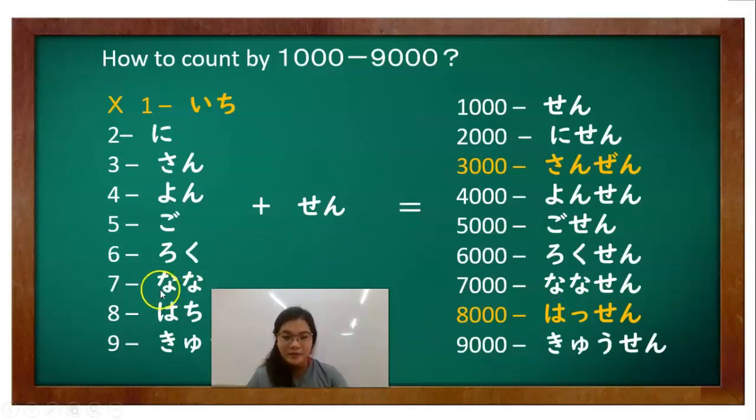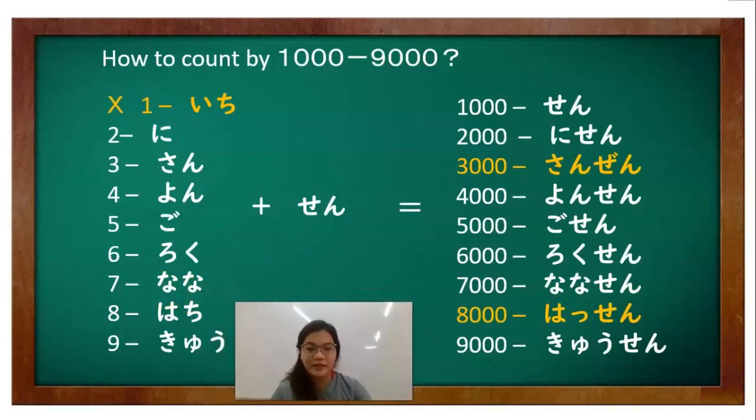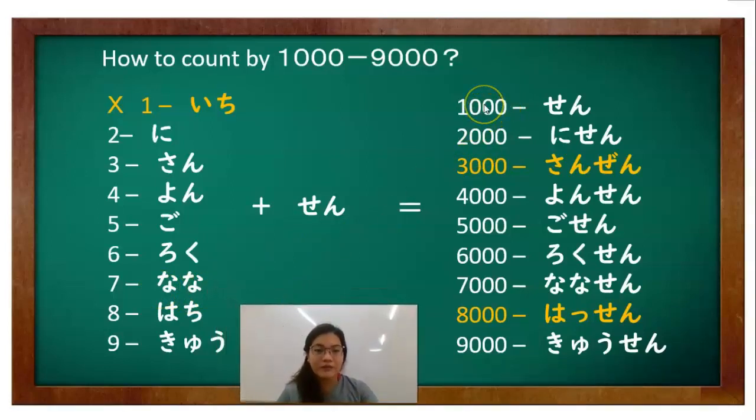Okay, so again, let's review it from 1,000 to 9,000. This is sen, nisen, sanzen, yonsen, gosen, rokusen, nanasen, hassen, and kyuusen.